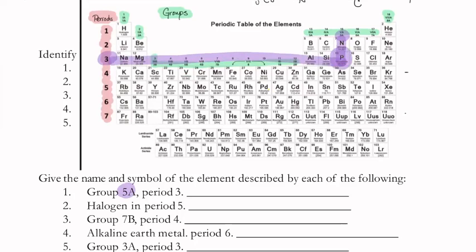Oh, they meet at this element. So this is the element that lives in 5A and period 3, okay? So I know the symbol because it's there, which is P. What is that element? For those of you that maybe are familiar already with the periodic table. Great, phosphorus.